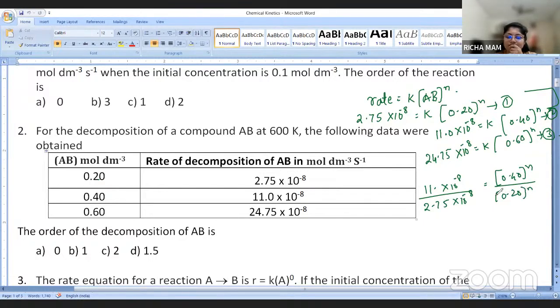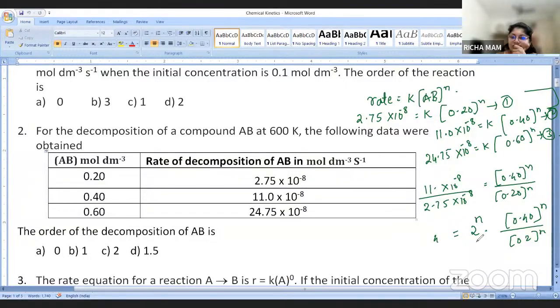Substitute and find out: 11 divided by 2.75 is 4. The right side is 0.40 by 0.2 raised to n.